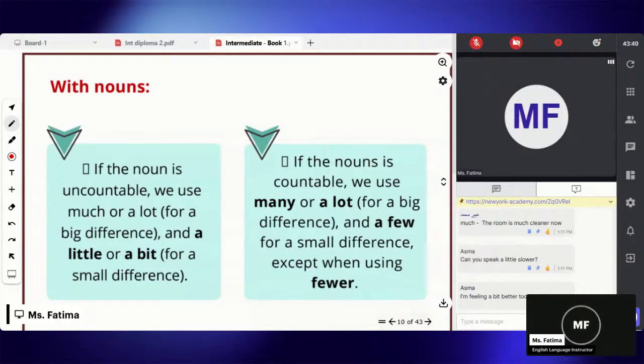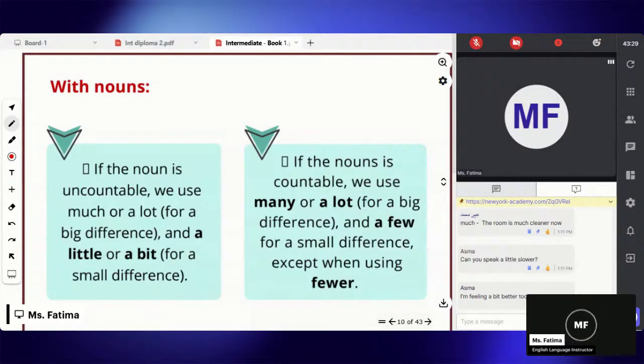We use much, many, and a lot to show a big difference. But what about a small difference? For a small difference, we use a little and a bit, with uncountable nouns. So we say a little water, a little coffee, a little time.